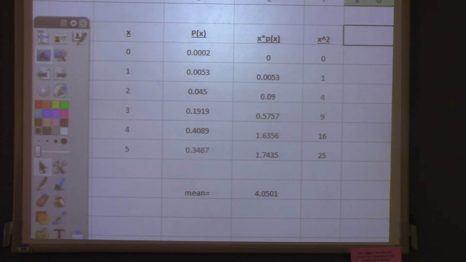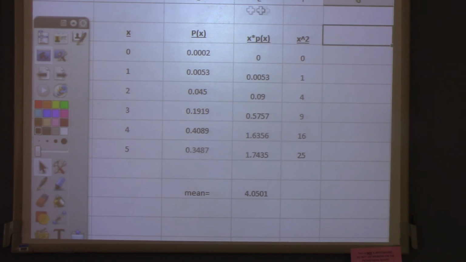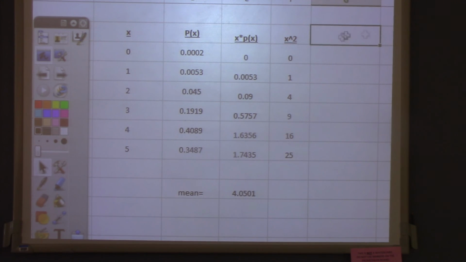And then the last row is x squared times what? X squared times P of X. Make sure you pick the right column if you're using this, or when you're using your calculator, because your eyes might pick up the wrong number out of another column. So make sure you do x squared times P of X.